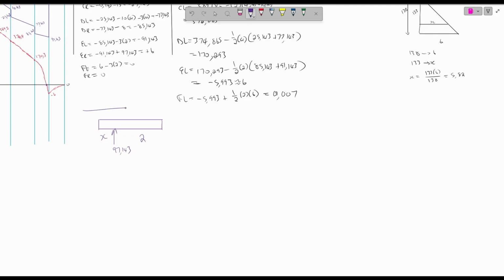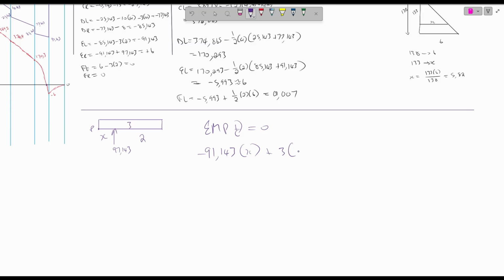Now to find your x, you will take moments at this point, at P. So sum of moments at P, let's take clockwise positive, is equals to 0. So we have your 97.143 times x is anti-clockwise, is going up, and then plus your UDL, which is 3.